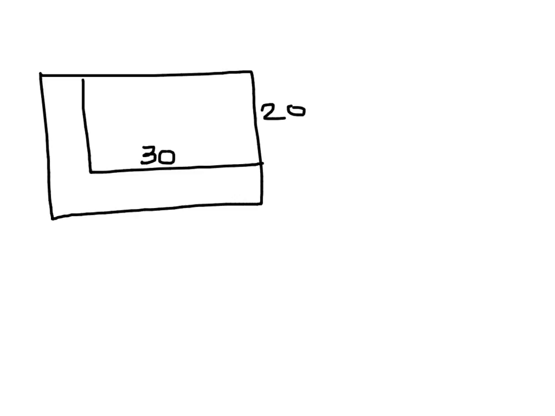That's the existing. Okay? How do you find the area of a rectangle? Length times width. So in this particular case, 30 times 20 is how big? 600 feet squared, I believe it's measured in feet, right?